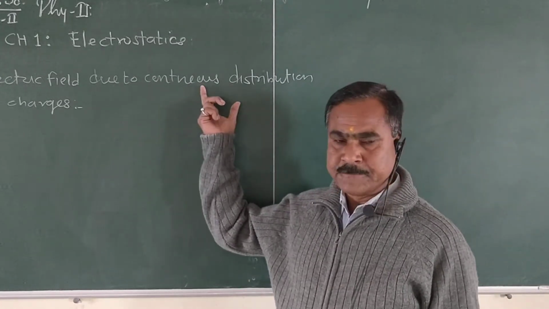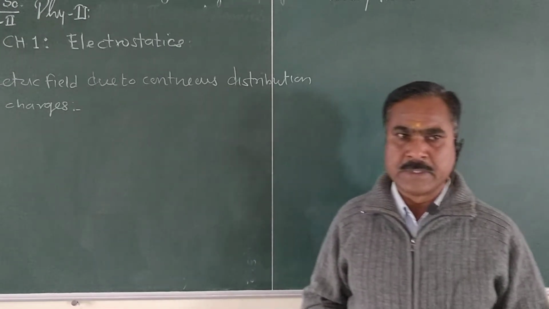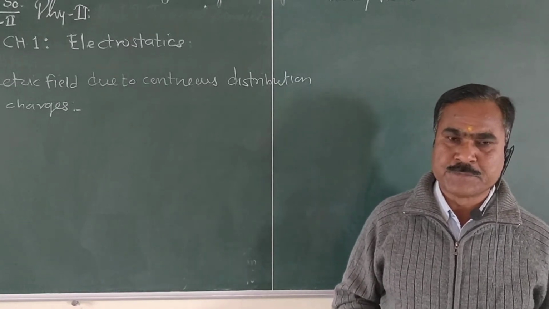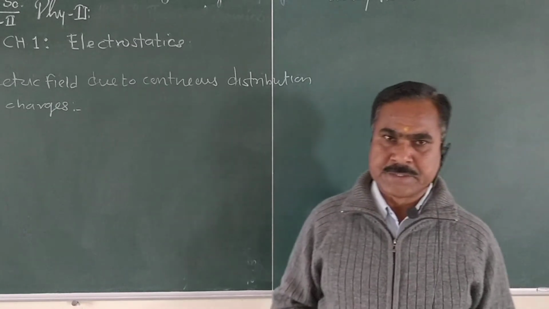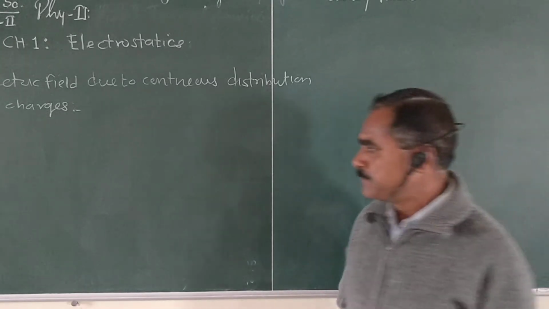So if we consider continuous distribution of charges, then total charge can be written in terms of the charge densities.